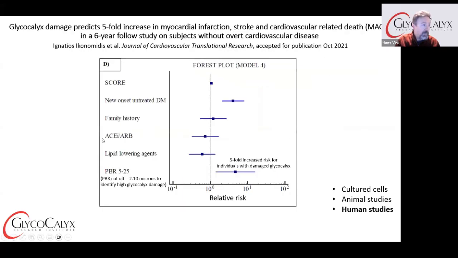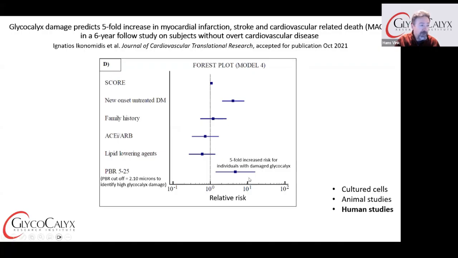And one more, this is a prognostic study that we did in 600 healthy individuals 6 years ago. We measured their level of glycocalyx damage, again with that PBR measure. And then we did 6 years of follow-up to see which of these individuals get a heart attack or a stroke or cardiovascular-related death, and compared the ones with a damaged glycocalyx with the ones with a healthy glycocalyx.